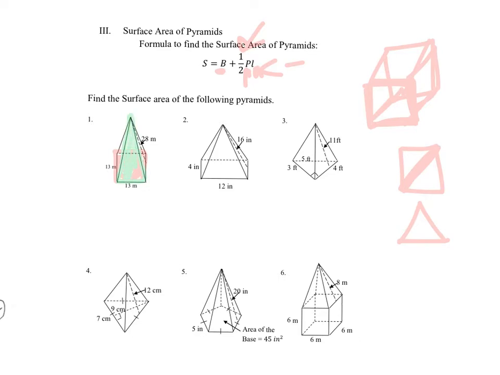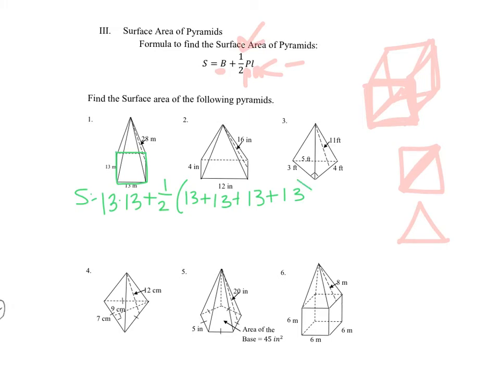So when you do this, we're going to follow the same process that we followed for the prisms. You're going to say, okay, well, my formula is surface area equals area of the base. So this base is a square. So the area of the base is 13 times 13, or 13 squared, plus 1/2 times the perimeter of your base. 13 plus 13 plus 13 plus 13.